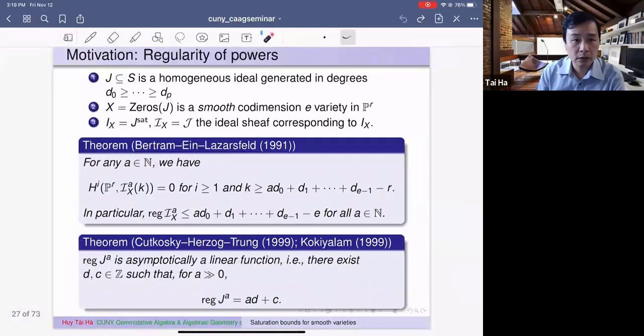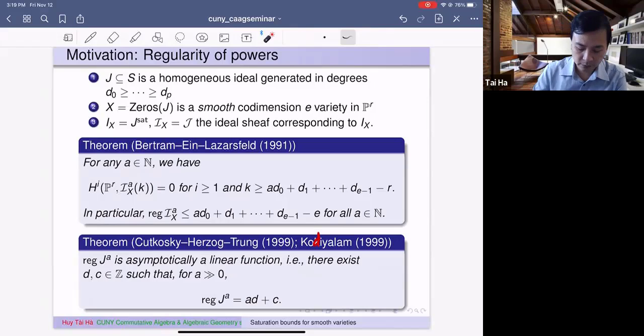On the other hand, for ideals, there's a result by Kodiyalam, and by Cutkosky, Herzog, and Trung independently, in 1999, where they proved that for any homogeneous ideal J, the regularity of the a-th power of this ideal is asymptotically a linear function. In other words, there exist constants such that the regularity of J^a is a times d plus c for all a big enough.